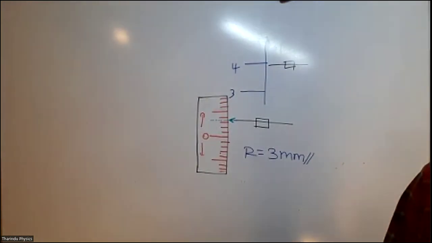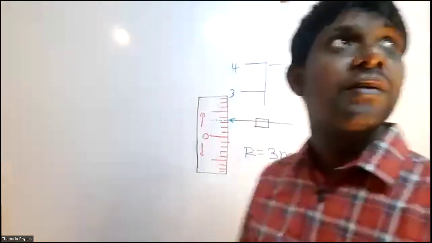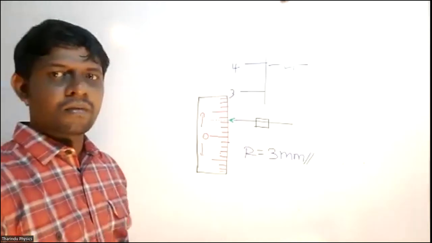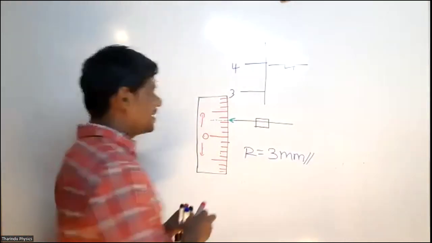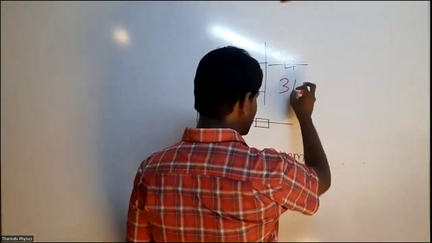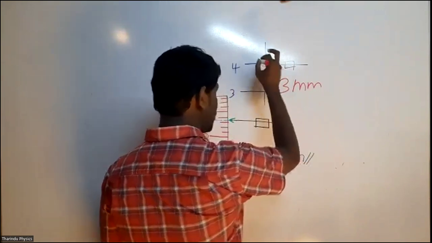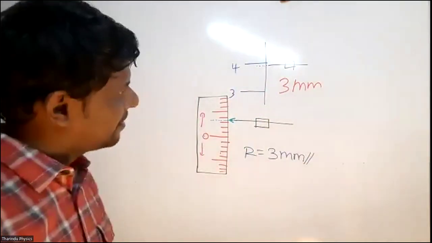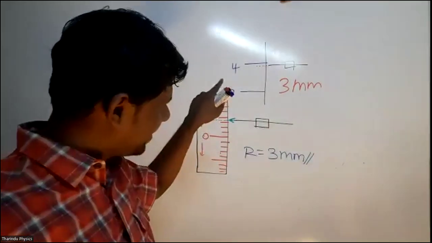You can say any answer, it doesn't matter, according to your understanding. Still 3 millimeter, because you only take the main scale reading. If it is shorter, still shorter, it is 3 millimeter.